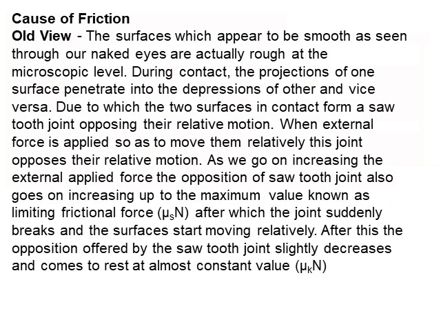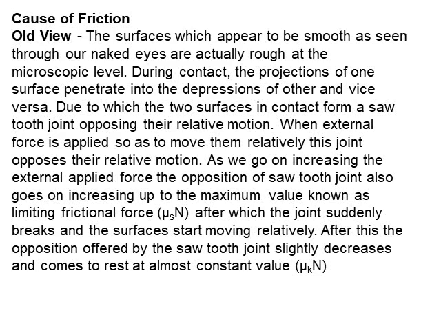Now, the cause of friction. There are two theories. According to the old theory, the surfaces which appear to be smooth to our naked eyes are actually rough at the microscopic level.